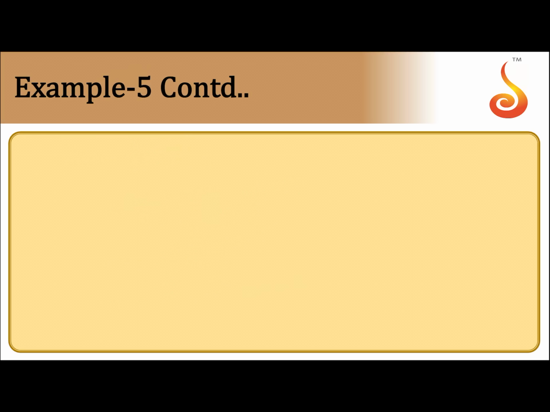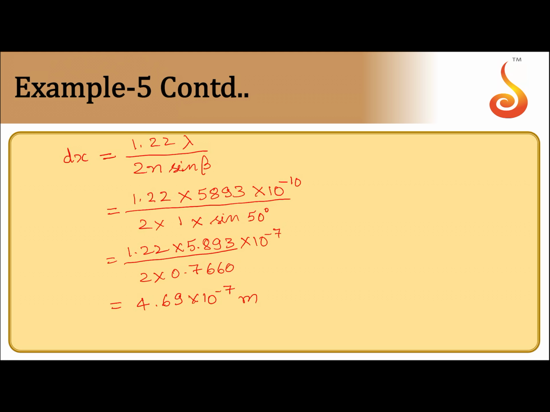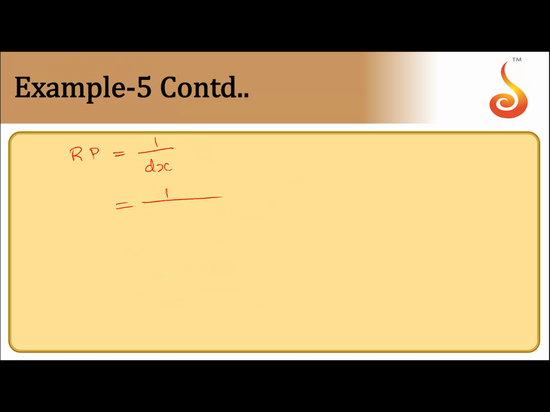Now you need to find resolving power. So resolving power is the reciprocal of the limit of resolution. So it should be 1 divided by what we have got, 4.69 into 10 power minus 7. Take this to the numerator, it will be 10 to the power 7 divided by 4.69. Now this 10 power 7 I will write as 10 into 10 to the power 6.